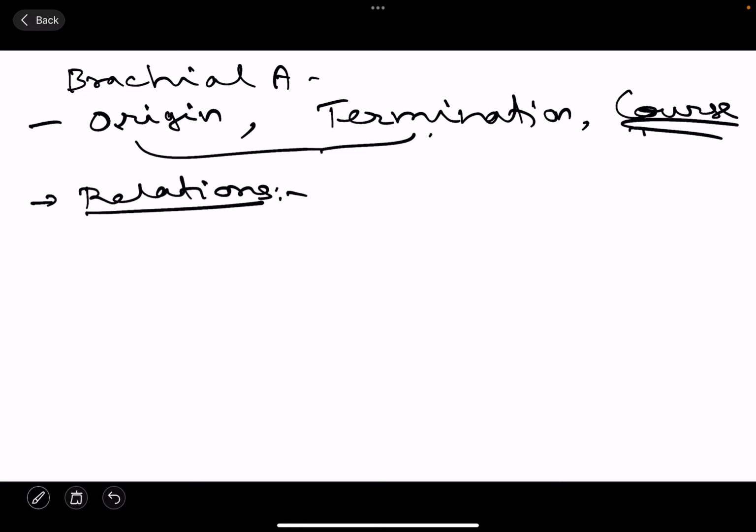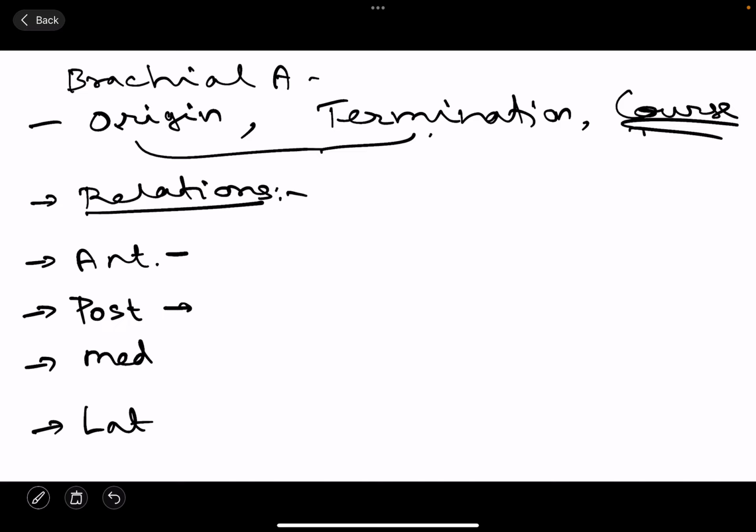Okay, so as far as the relations are concerned, what is anterior to the artery, what lies posterior to the artery, what lies medial to the artery, and what lies lateral to the artery. So this is basically the relations. Sometimes we will also have superior and inferior relations added to it. Okay, so what is the anterior relation? The median nerve.